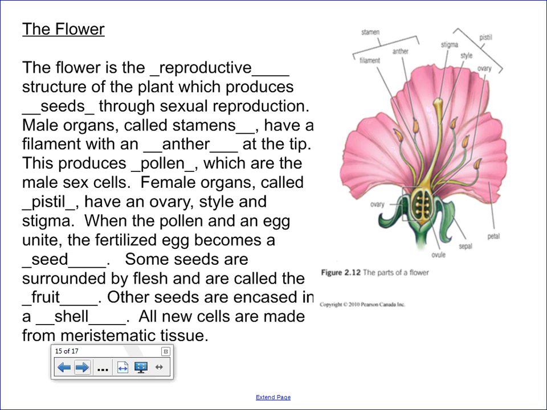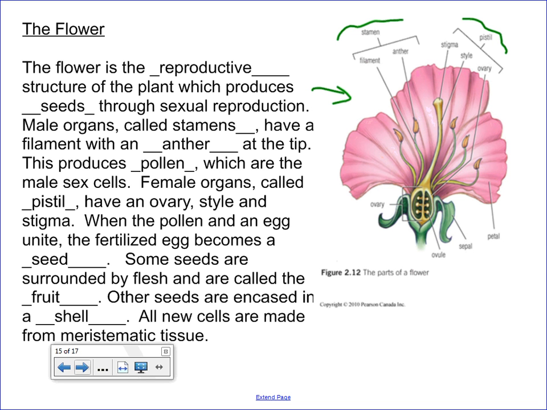and basically all new cells are made from meristematic tissue, just a reminder. So the diagram off to the right actually shows those different structures that we find within a flower. So here we have everything that goes into making up the pistil, and the different parts that go into making the stamen.